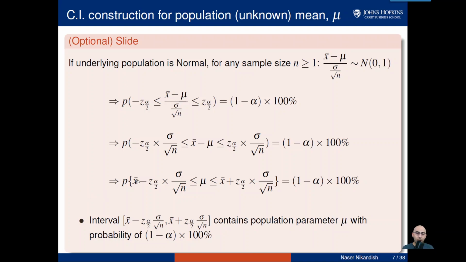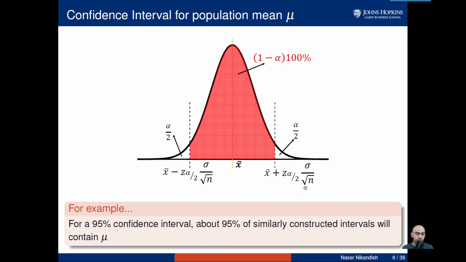So it is x bar minus z of alpha over 2 sigma over square root of n all the way to x bar plus z of alpha over 2 sigma over square root of n. So we say this interval contains the unknown yet fixed value of parameter mu with what probability? Well, the value of probability is right there, 1 minus alpha, right?